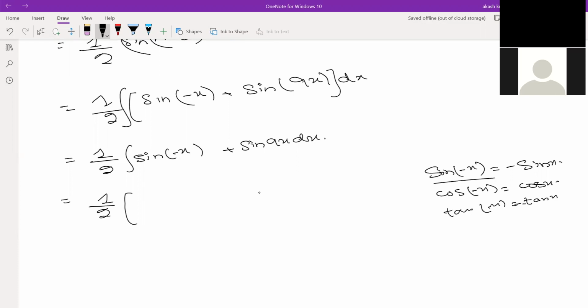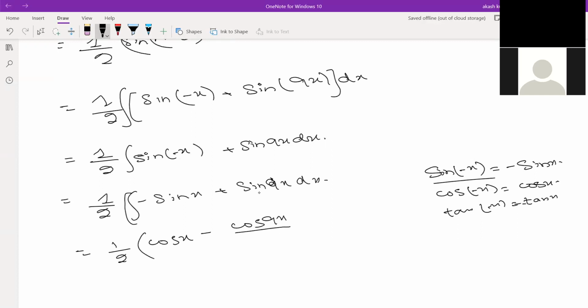So sine minus x will become minus sine x, plus sine 9x dx. So it becomes half. Sine x integrates to cos x, and minus sine x gives minus cos x, and minus minus becomes plus. So I get cos x minus cos 9x divided by 9, plus the constant of integration. This is the answer.